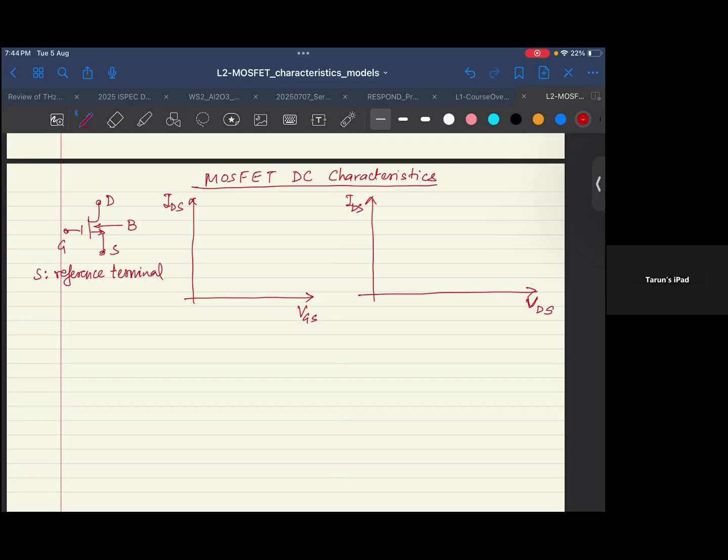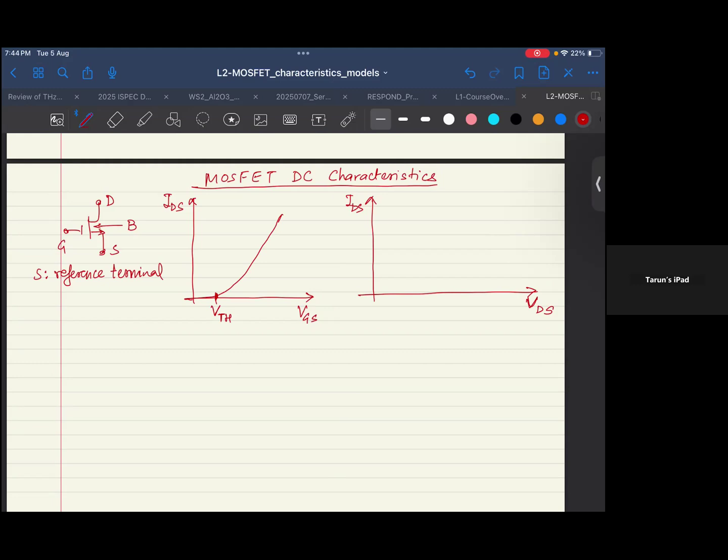So that is how we are applying these voltages, and we are measuring the current from drain to source. And when we looked at the characteristic, we saw that in terms of VGS, there was no current till a certain point, and after a point which we named the threshold voltage, you see appreciable current flowing through the transistor.